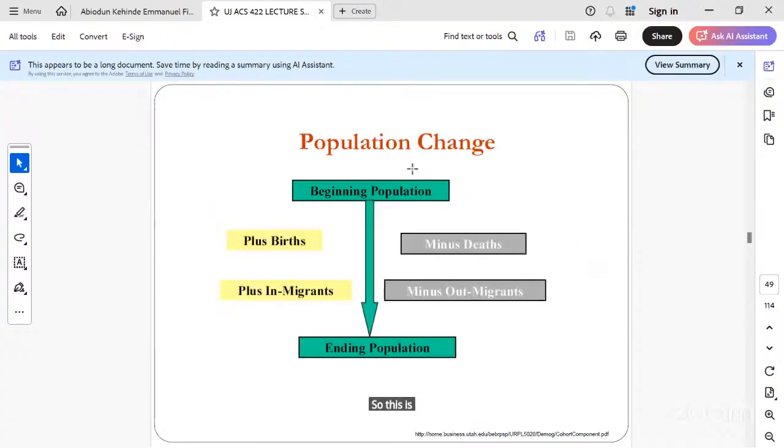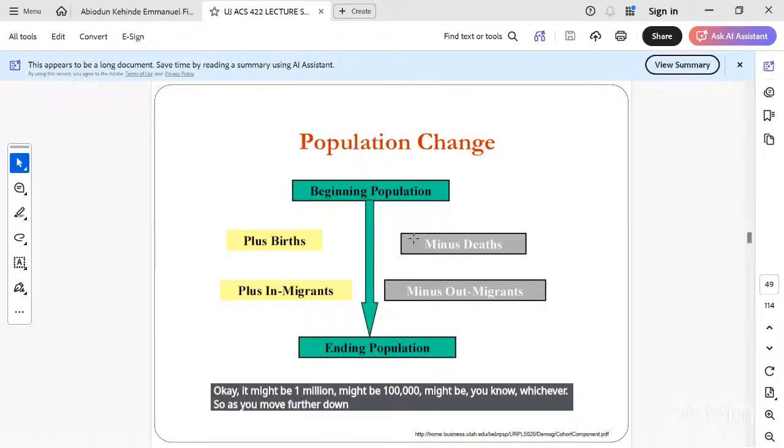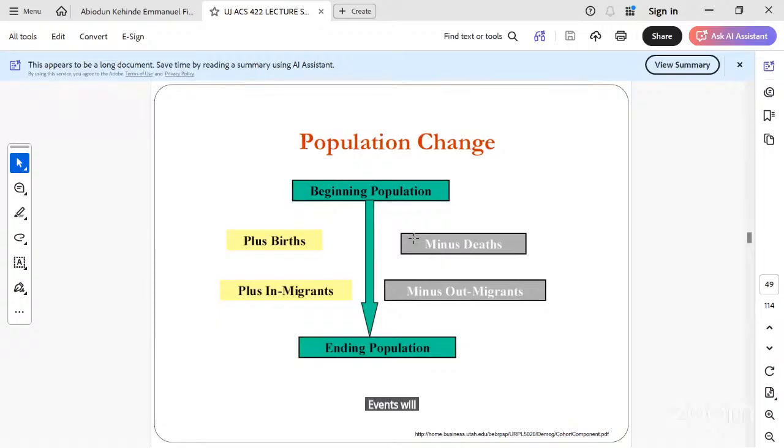This is how the population changed over time. You will see that you have a cohort at the beginning of your study. It might be 1 million, might be 100,000, whichever. As you move further down, events will be captured. Births will increase the population.